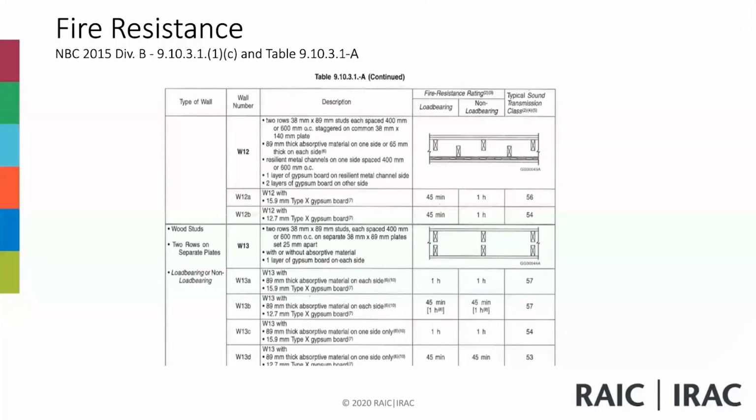What fire resistance rating do I get with assembly W12B? 45 minutes. Perfect. So for load bearing, 45 minutes, and for non-load bearing, 1 hour. Perfect. Everyone else follows on this one?